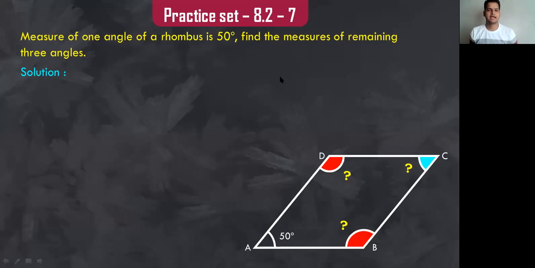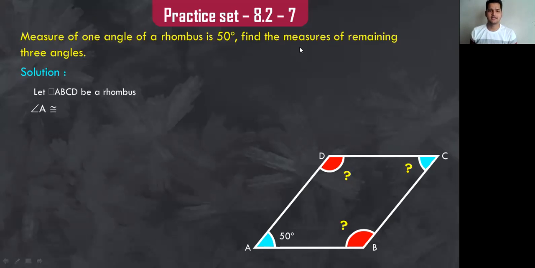First of all, as we are assuming this quadrilateral as a rhombus, so let us write that statement. Our assumption always starts from the word let. So let quadrilateral ABCD be a rhombus in which angle A and angle C are opposite angles. Yes.